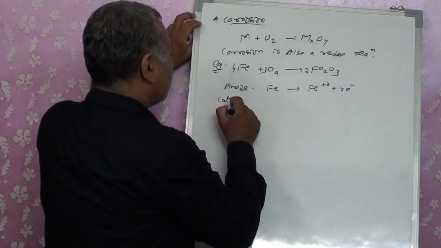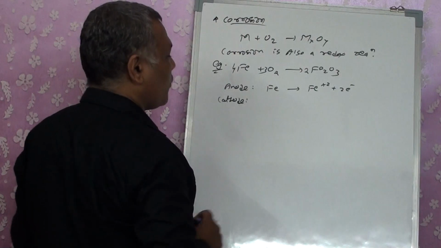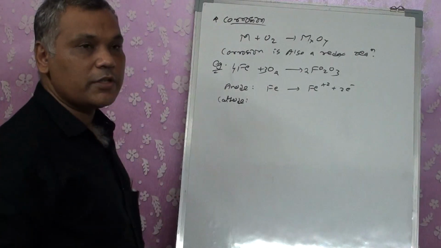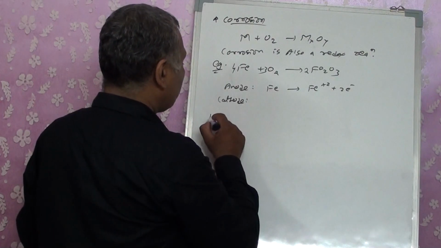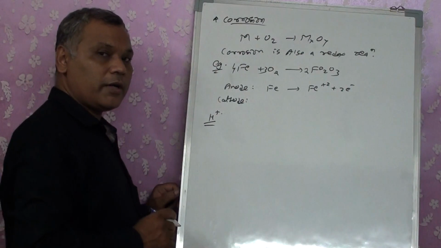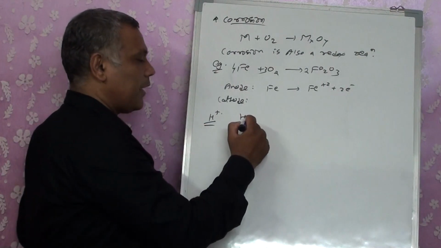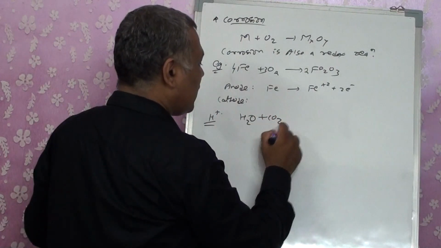In the atmosphere, on the cathode, we need oxygen, but pure oxygen is not reacting. What is happening? From the atmosphere, we are going to get H+. How are we going to get H+ from the atmosphere? We know that H2O is present in the air, and CO2 is present in the atmosphere.